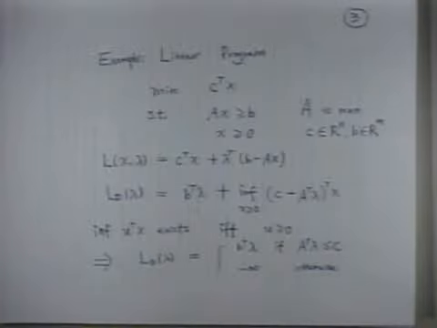So I'm only left with b transpose lambda. In this case, we have A transpose lambda less than or equal to c. Otherwise, of course, this dual function is negative infinity, which will not provide any meaningful insight to the problem.